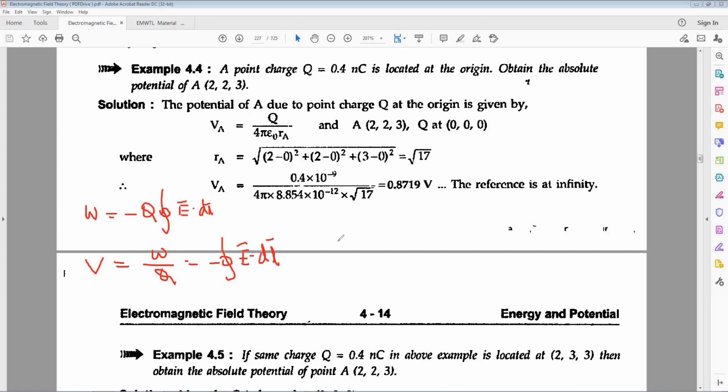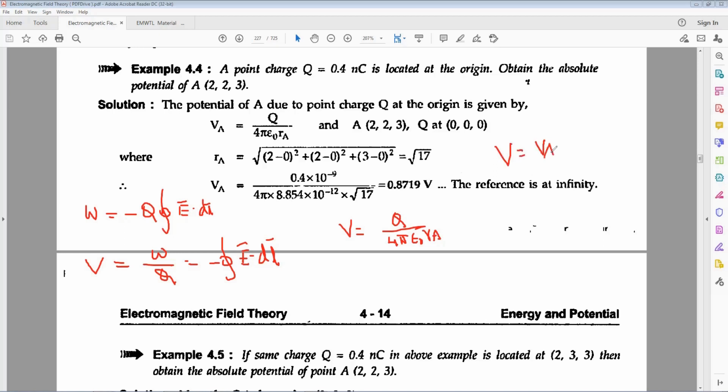And for a point charge, the potential V is equal to Q by 4 pi epsilon naught R, or it is RA, so actually it is R only. If having RA and RB, we have VA minus VB.